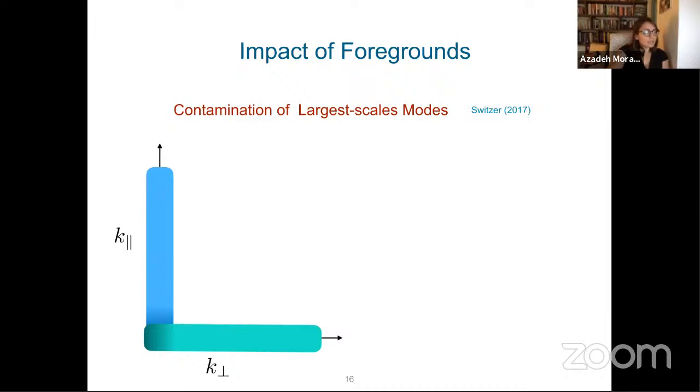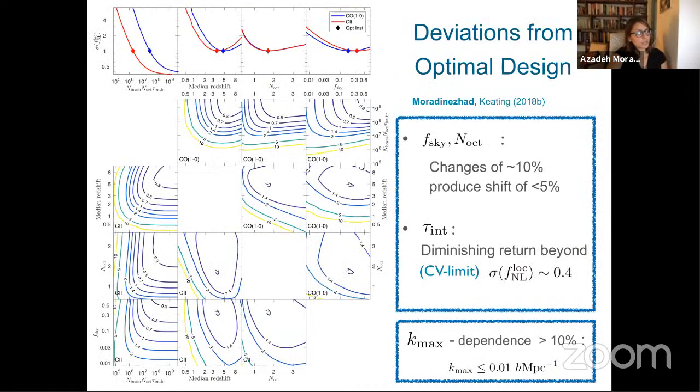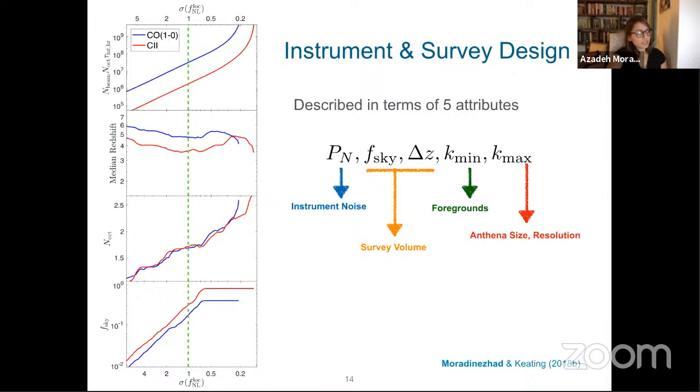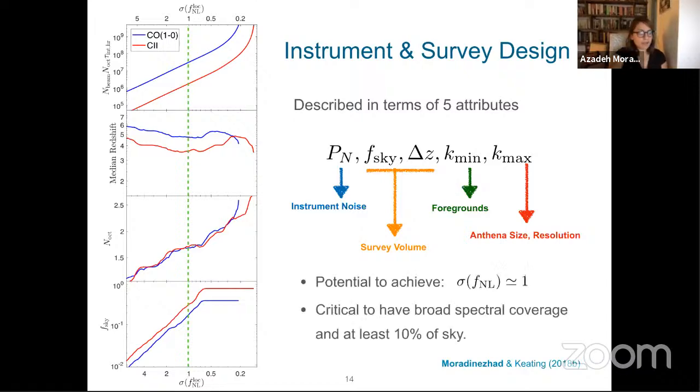Now, the first thing you can ask is, okay, great, you can go to FNL over the unity, but here you assumed that the foregrounds are smooth, which is the assumption we made. How sensitive are you to the fact that the foregrounds may not be smooth? And that dominantly will show itself in the change of the largest scale modes that we have in the survey.